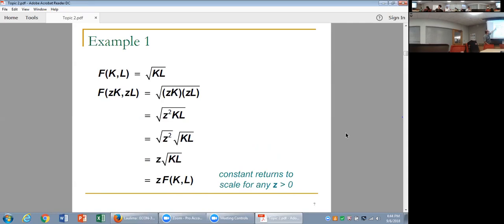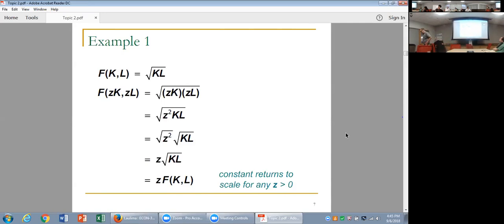In state number 2, let's say that we're increasing inputs by 25%, using the Z from the previous slide. Still taking the square root, I'm now distributing the factor across both components. Z times Z is Z squared, and then KL. The square root of Z squared is Z, coming out to the front, so Z times the square root of KL.